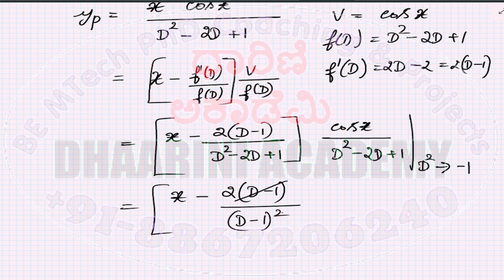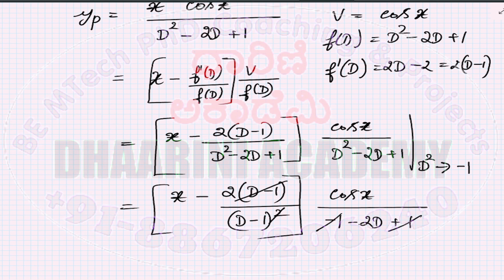I'll write this because I can cancel one of them. Into this is cos x whole divided by, this is minus 1 minus 2D plus 1. So this plus 1 minus 1 cancels. There is only minus 2D left.